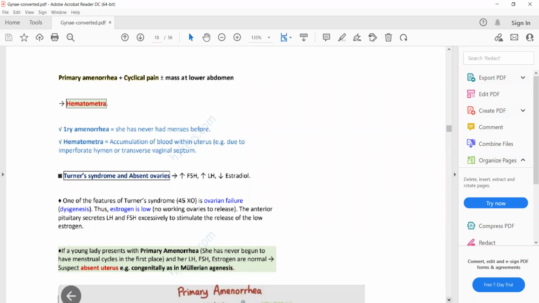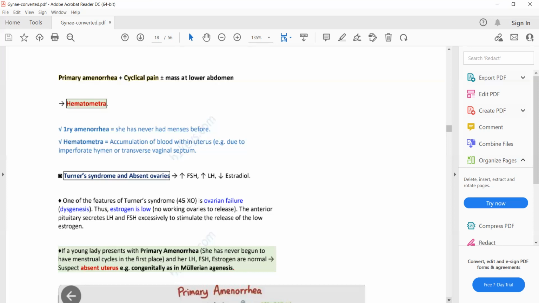Okay. So a female with cyclical pain, you will suspect imperforate hymen and transverse vaginal septum, which will lead to accumulation of blood within the uterus. And on ultrasound examination, there will be a mass in lower abdomen, and your diagnosis will be hematometra due to imperforate hymen or transverse vaginal septum.